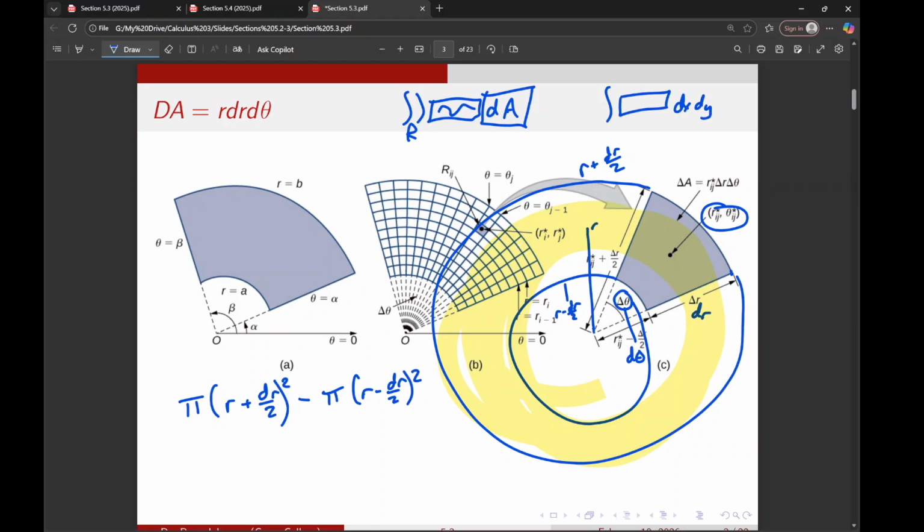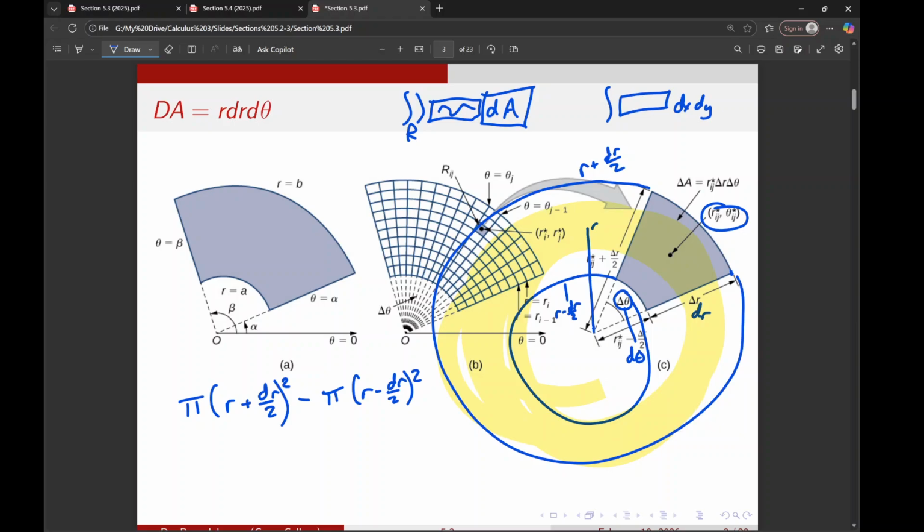Well, d theta is my angle there. If I was doing a pizza, and say my pizza is split up into 8 pieces, then the angle of my piece of pizza is 360 degrees divided by 8, which is 45 degrees.